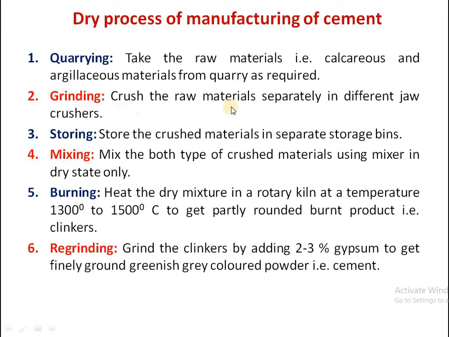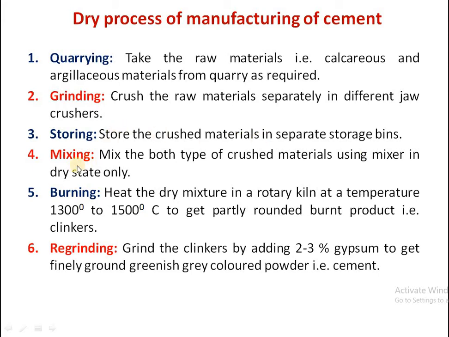We should crush the raw materials separately in different jaw crushers. Both types of raw materials, calcareous and argillaceous, should be crushed in different jaw crushers. We will get finely ground, finer particles. These particles should be stored in step 3. Store the crushed materials in separate storage bins.